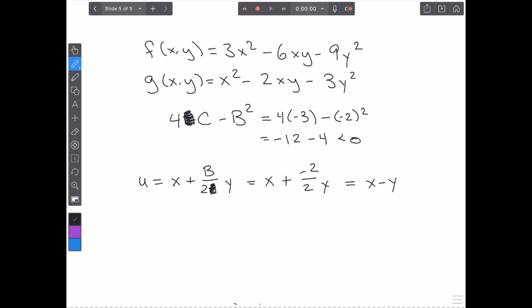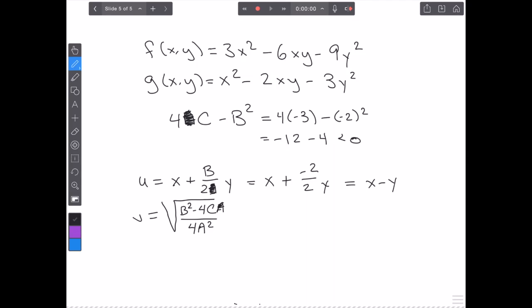And for v, so now we have v is equal to the square root. We better have something positive. So we don't want 4c minus b squared. We want b squared minus 4c divided by, and in fact it's 4ac over 4a squared. For our particular problem, a is 1.